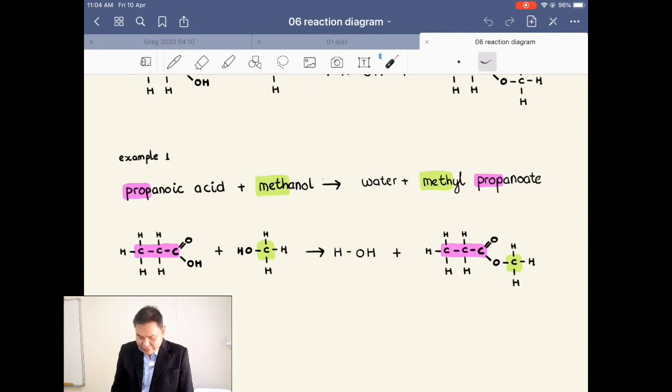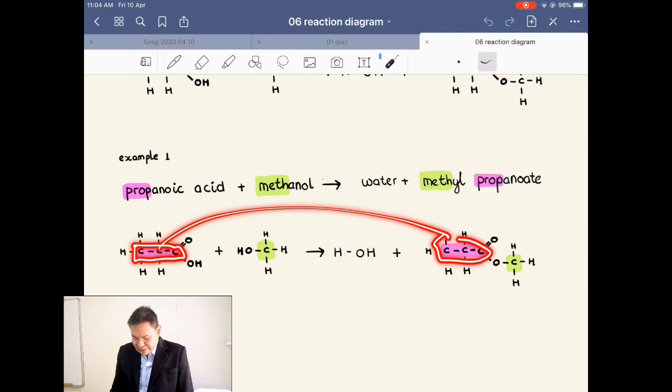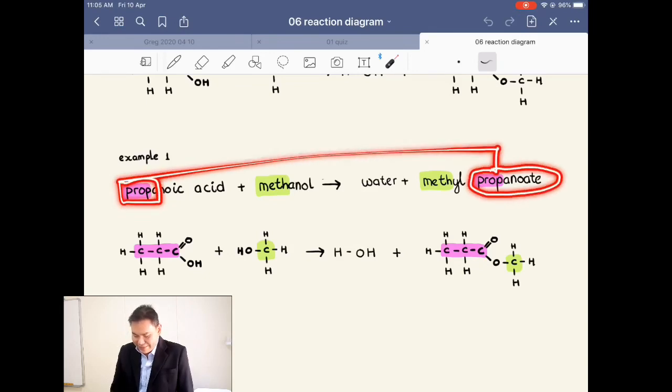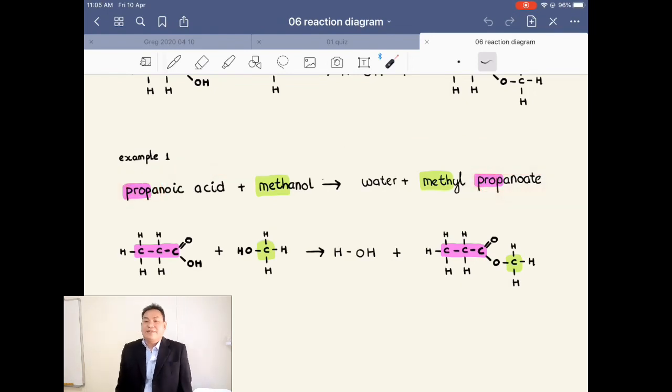Propanoic acid, 3 carbons here, and you have 3 carbons on one side. Methanol has 1 carbon, and you have 1 carbon. So you join them, then you have the ester functional group. The name also, since it's methanol, the name of the ester contains methyl. Since you use propanoic acid, the name of the ester is something propanoate. So that's the first example.